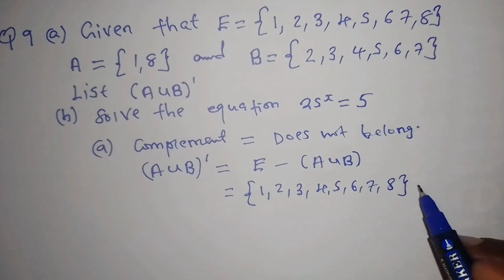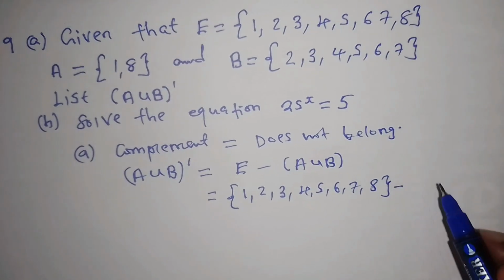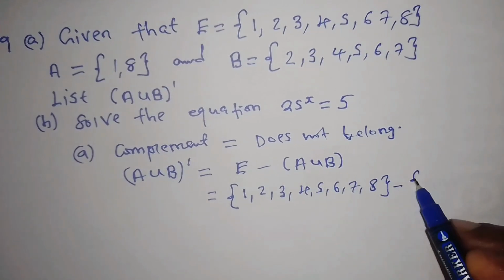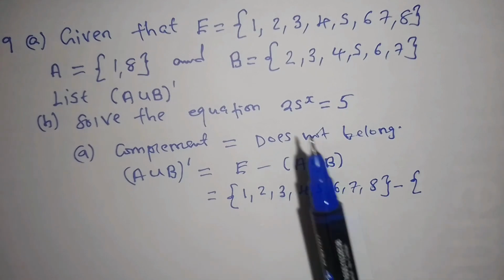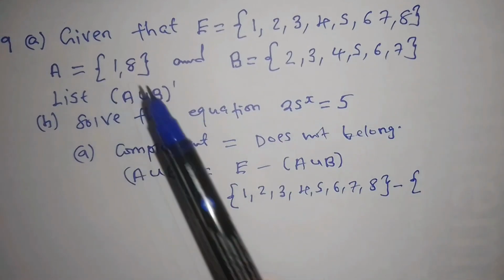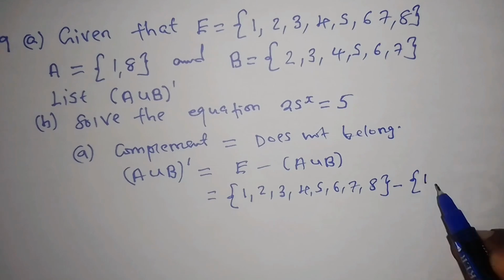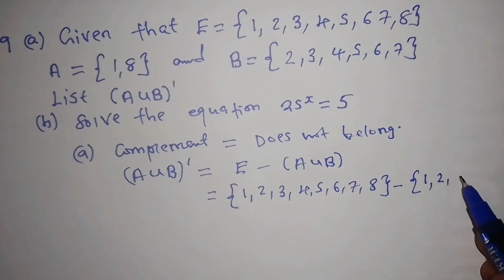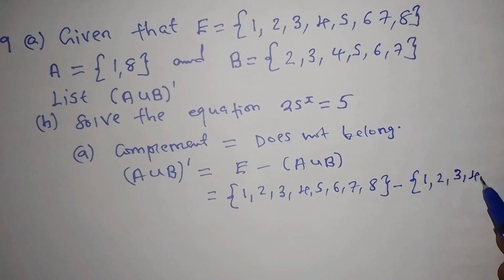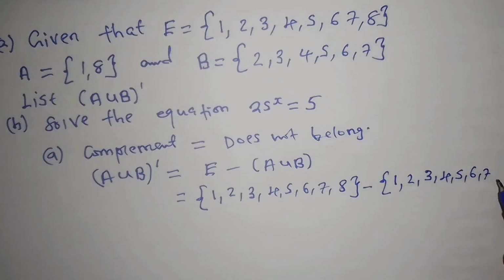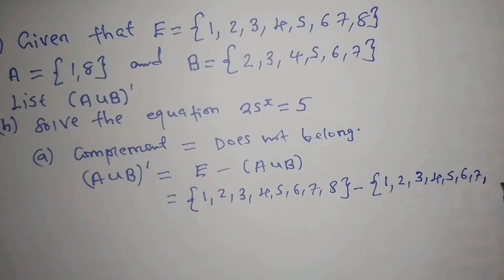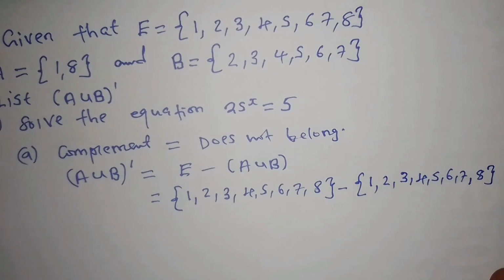And then minus A union B, which is just the combination of whatever is in B and also in A. So we start from the lower number, 1, 2, we are just combining, 3, 4, 5, 6, 7, and 8. So this is what is happening.